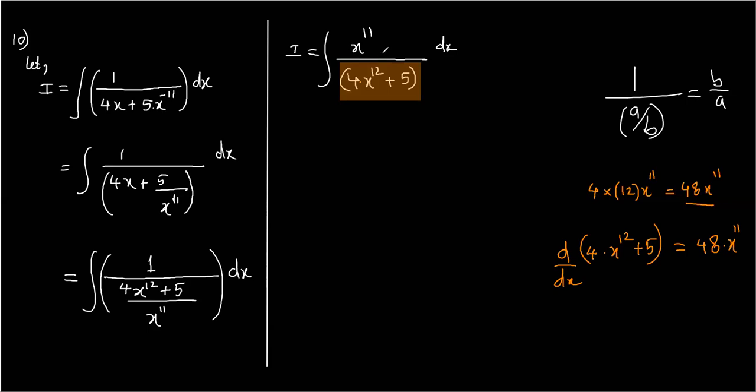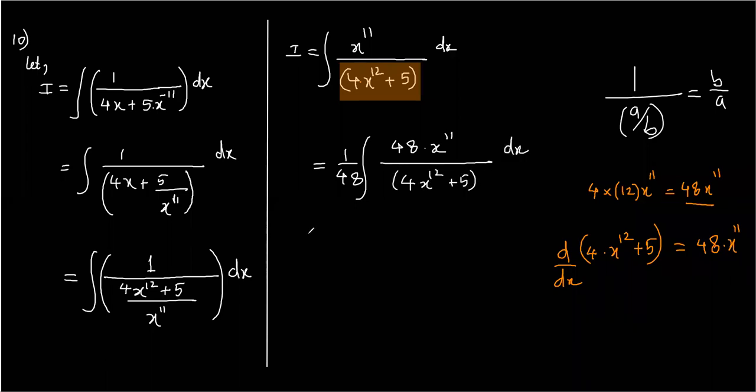If I multiply in the numerator, I will have to compensate by multiplying outside. So in the next step I get 1 upon 48, so that I can multiply 48 and x raised to 11, and here you have 4 into x raised to 12 plus 5.